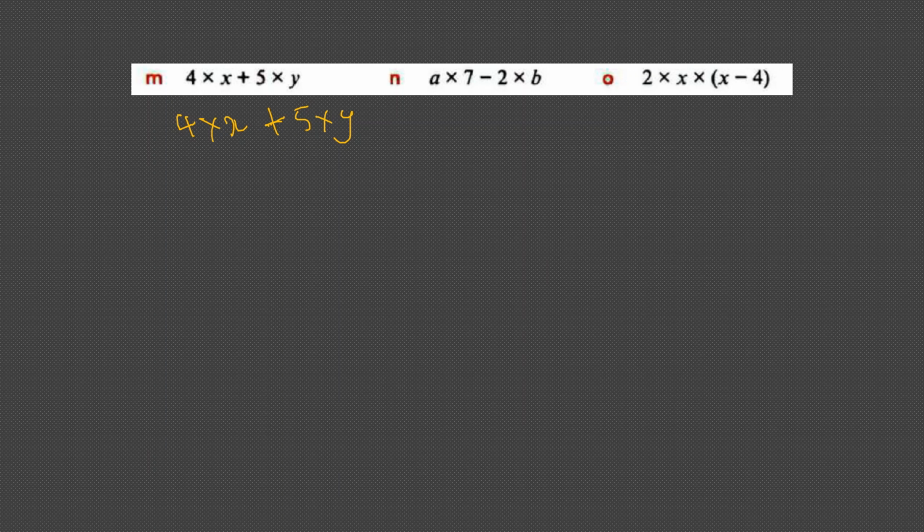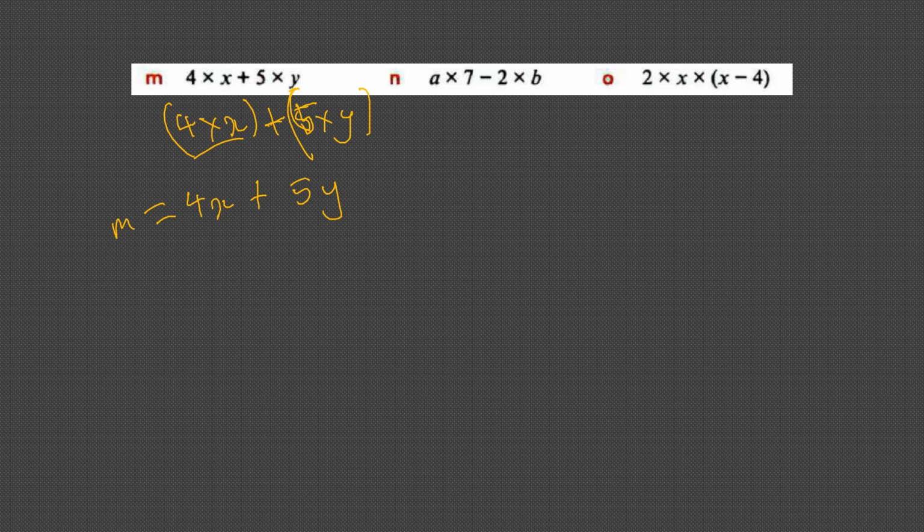And you notice that there's a plus. So we can take the parts that are being multiplied and put a bracket around each. So 4 times x will have a bracket and 5 times y will also have a bracket. We can stick 4 times x together, making it 4x, then add the plus, because this is a different operation to multiplication, and then 5 times y, so 5y. So the final answer will be 4x plus 5y.